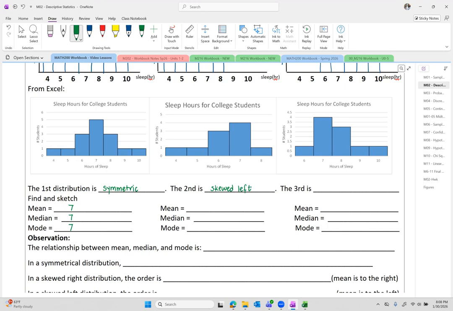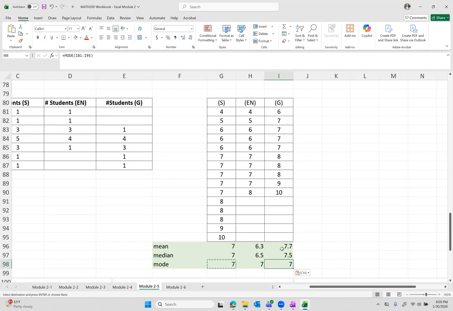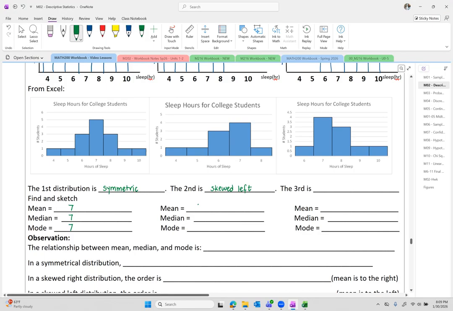It has a long tail extending towards the smaller values, and the mean was 6.3, the median was 6.5, and the mode was 7. And I can see that the mode is 7 because it corresponds to the tallest rectangle in the distribution.